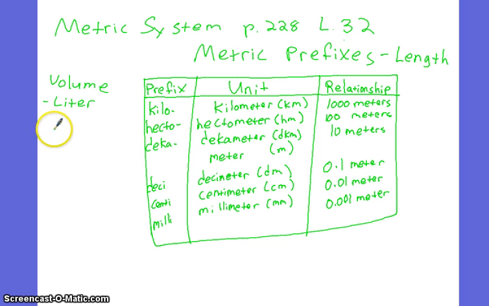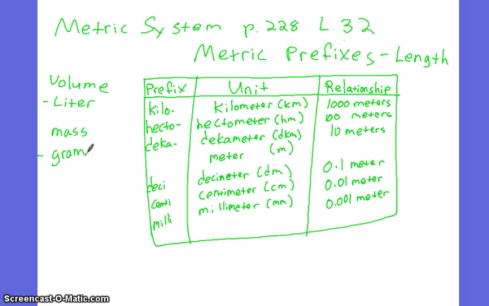Now, if you want to talk about mass or weight, you would use the gram. So your prefixes all stay the same and the numbers all stay the same, just the word after it changes depending on what you're talking about. That's really useful because, as you know, when we look at the U.S. customary system, it's complex because an ounce in liquid is different than an ounce in weight.